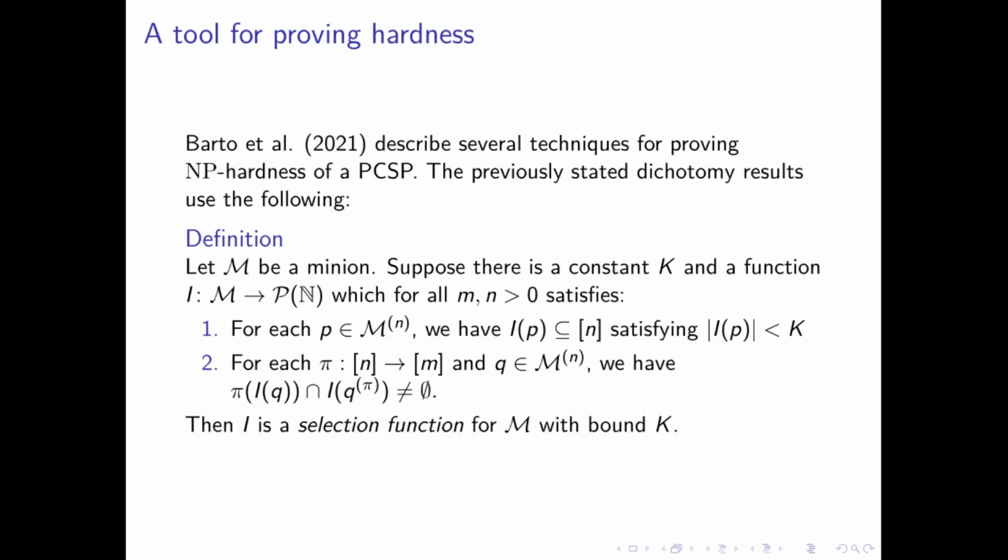If your projection function is P sub i, your capital I will select little i there, and that will be a selection function in this case, with bound, I guess I have strict inequality, so with bound 2. So if your polymorphism minion is just the projections, you get an NP-hard CSP there.